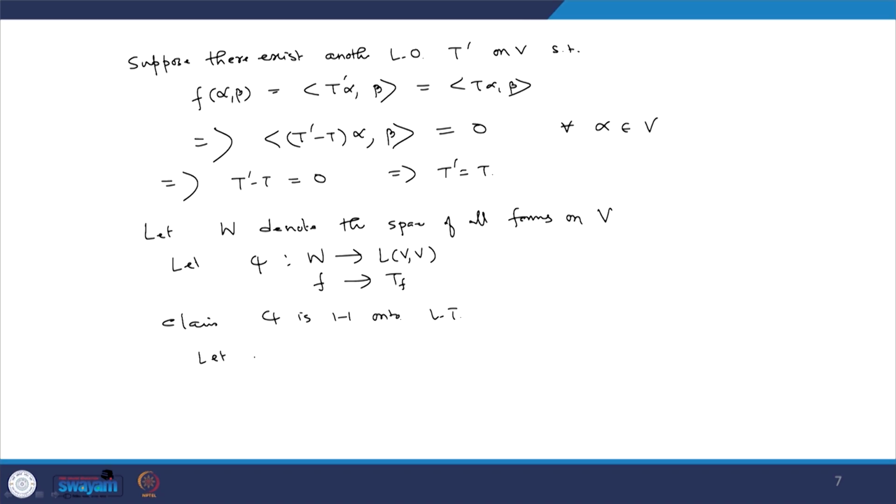Let F and G belong to W and C be a scalar.